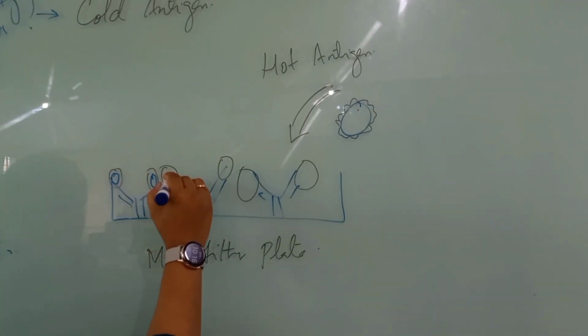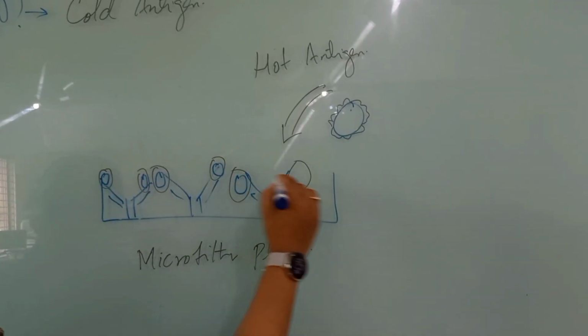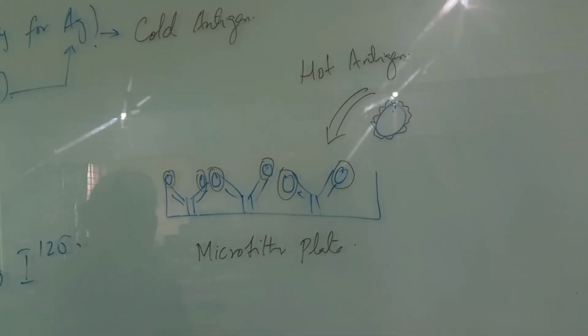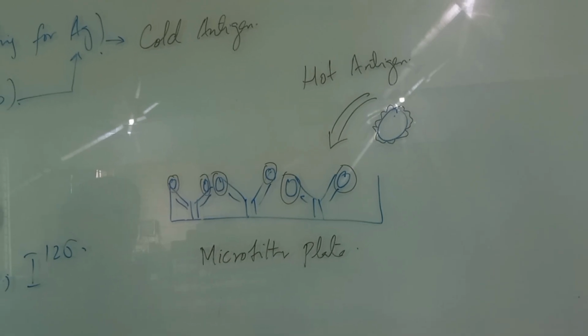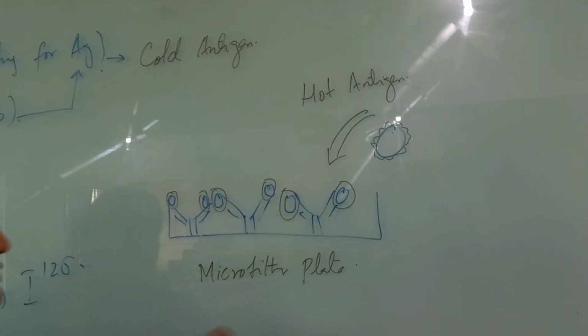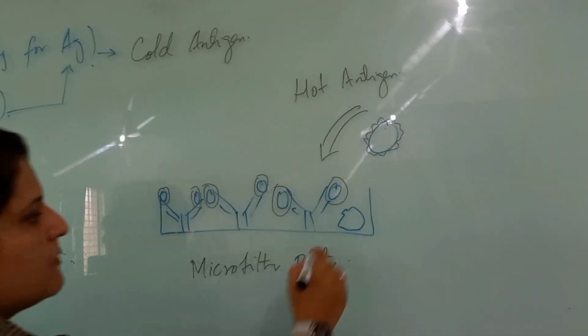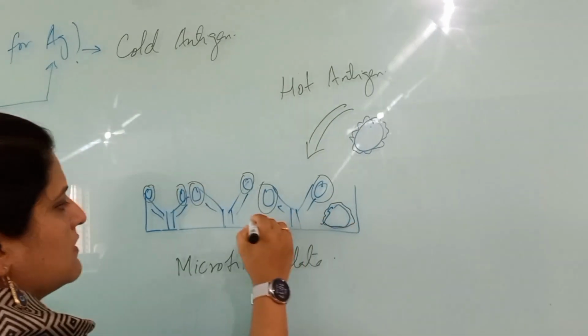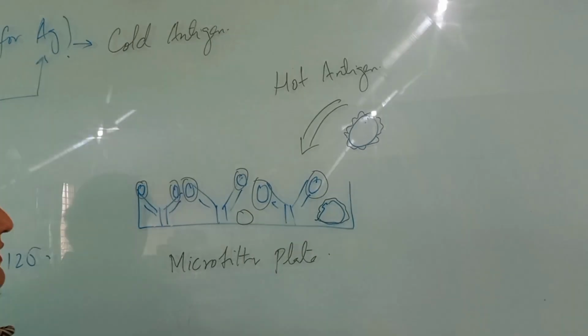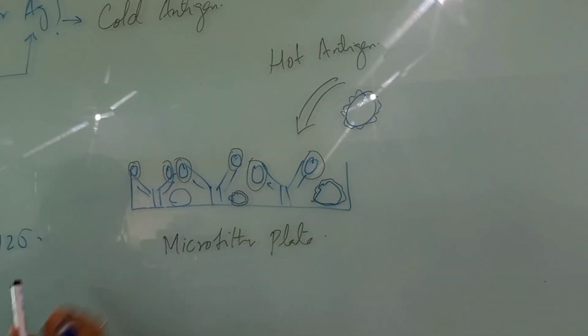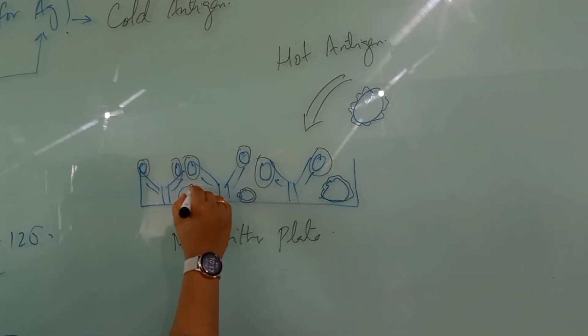So now the antibodies are fully occupied by the antigens, and there is no empty space for the antibody to bind further antigens. Also, some antigens will remain unbound. All of these are hot antigens.